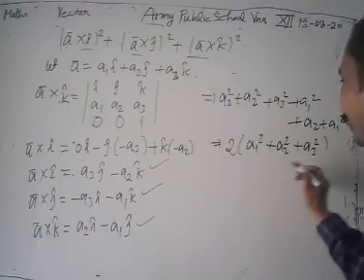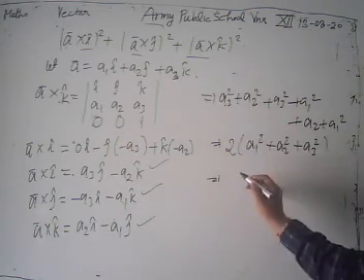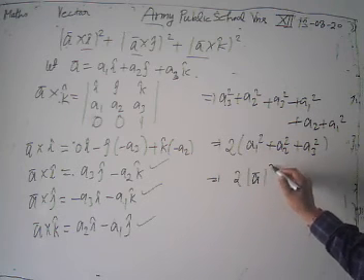What is A1 square plus A2 square plus A3 square? It is the length of vector A squared, so 2 times the length of vector A squared.